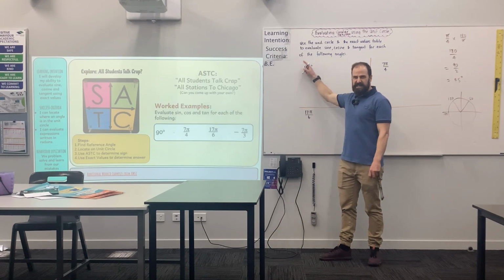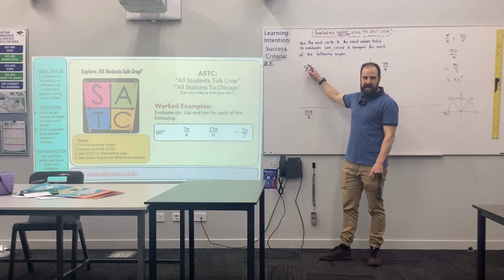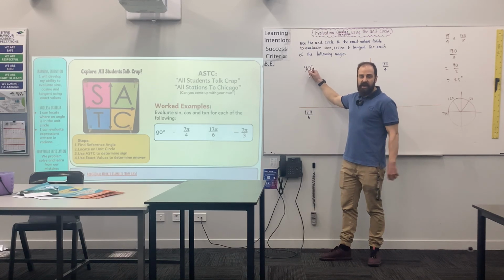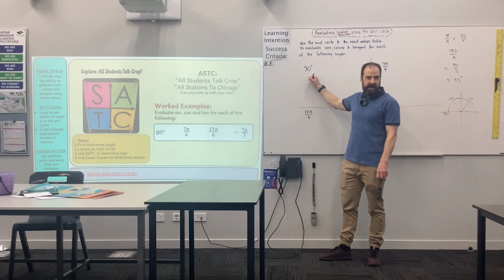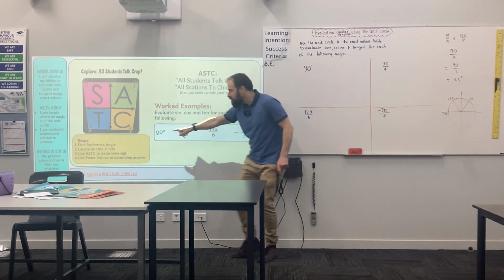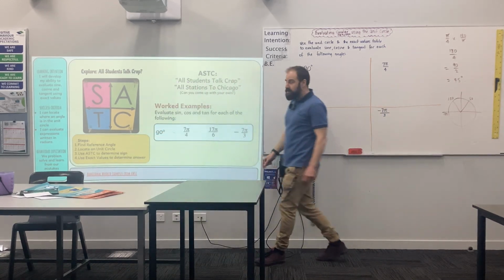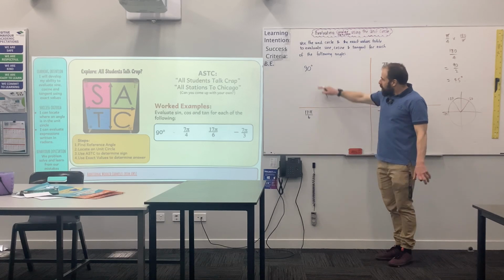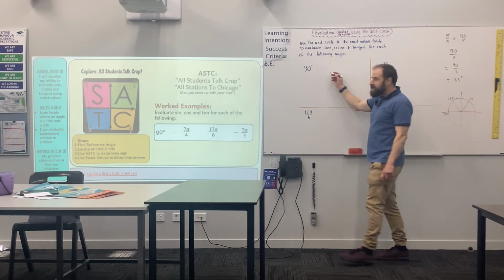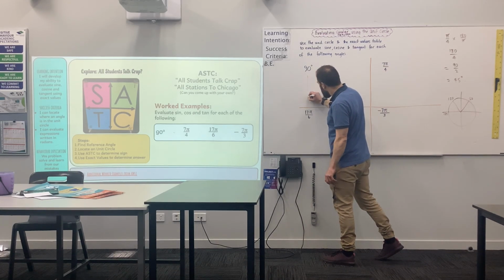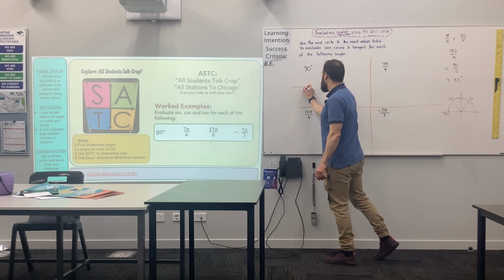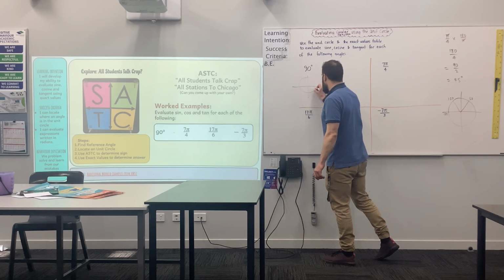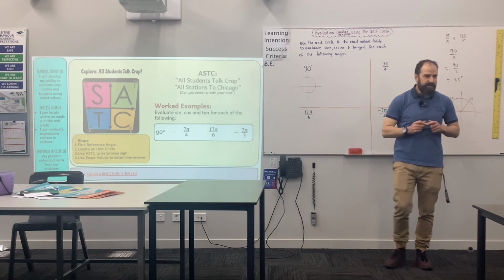This is an easy one, kind of an odd one to talk about the reference angle because it's just 90 degrees and hopefully we know where 90 degrees is. I'll talk more about the reference angle in the next examples. Second step, we are going to work out where 90 degrees is in the unit circle. And to do that, I'm going to draw myself a little unit circle. It does not have to be perfect.